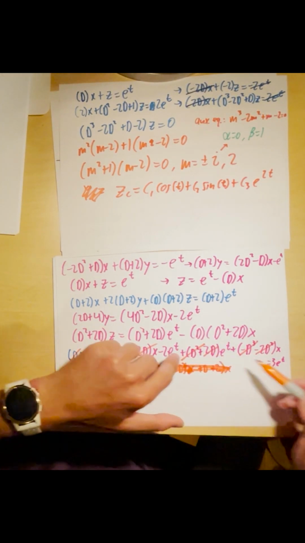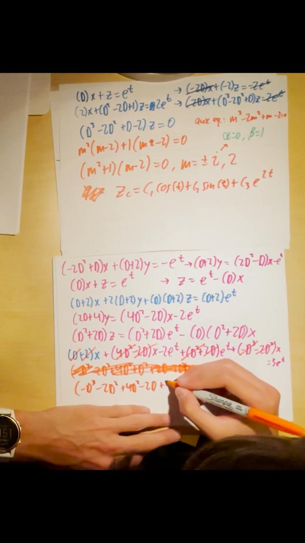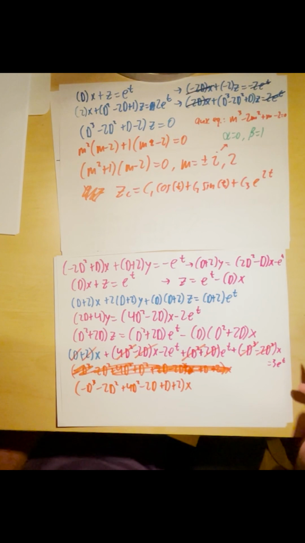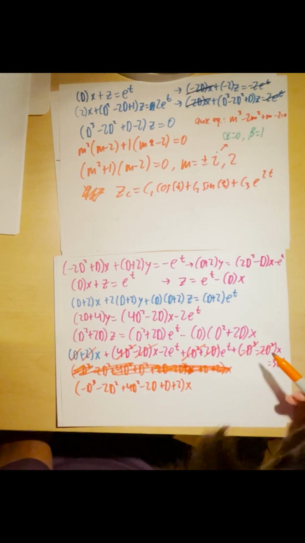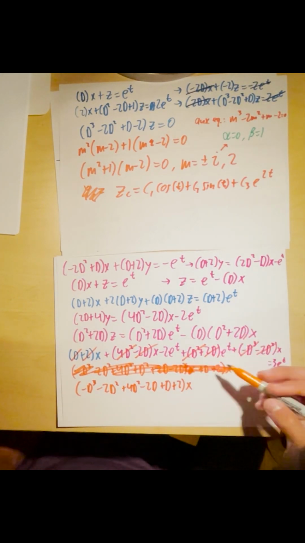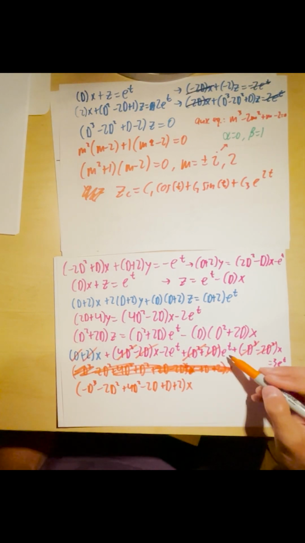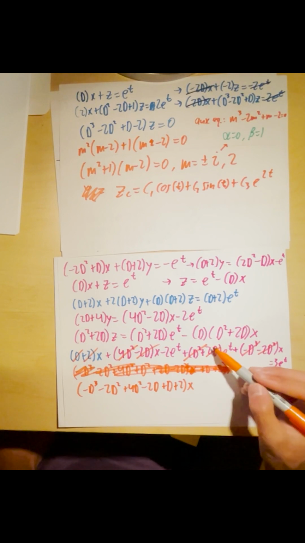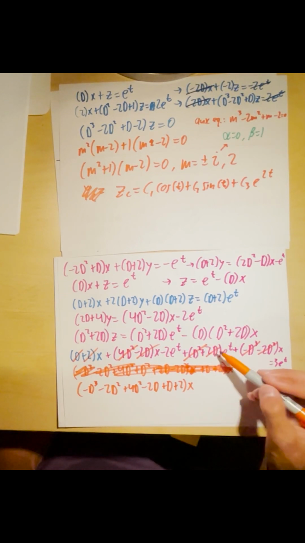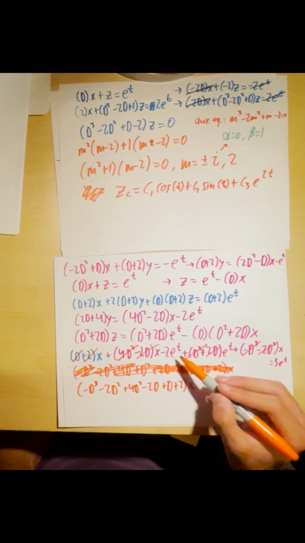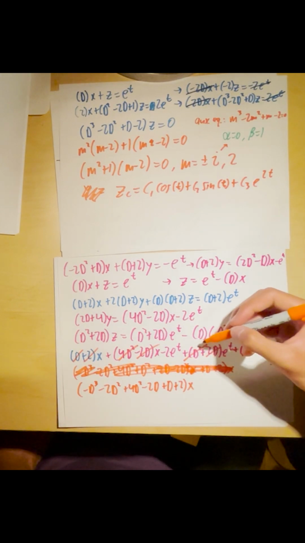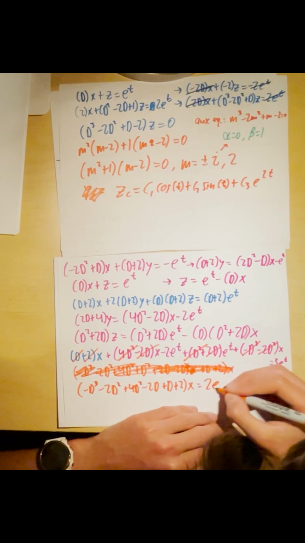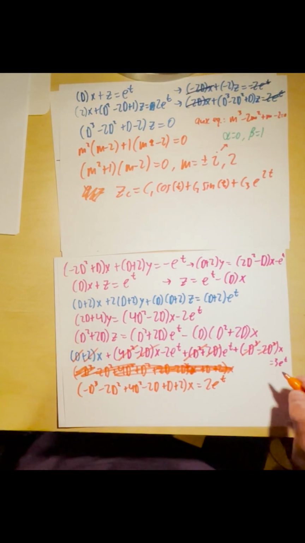We can't use these, however, we can use these. That's all operating on x. As far as e to the t terms, sorry, these shouldn't be eliminated. D squared plus 2d e to the t. So d squared e to the t, that's e to the t. 2d e to the t is 2e to the t. So this goes to 3e to the t. This is negative 2e to the t, so we're just left with e to the t here. We can subtract e to the t from both sides, and we get 2e to the t. That's what will be on the right.